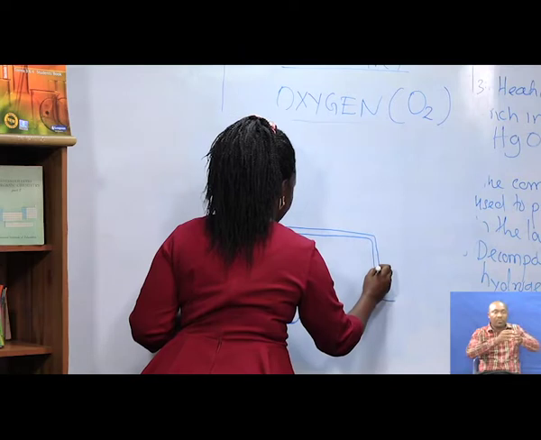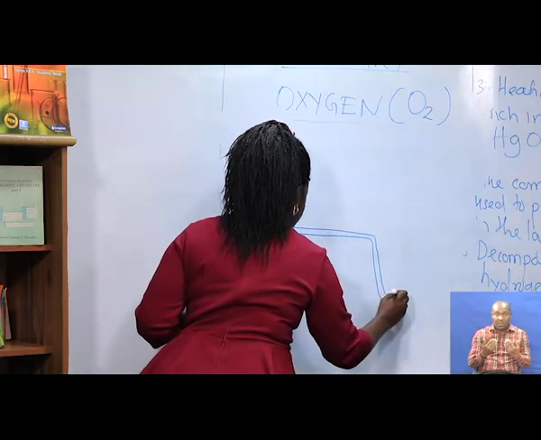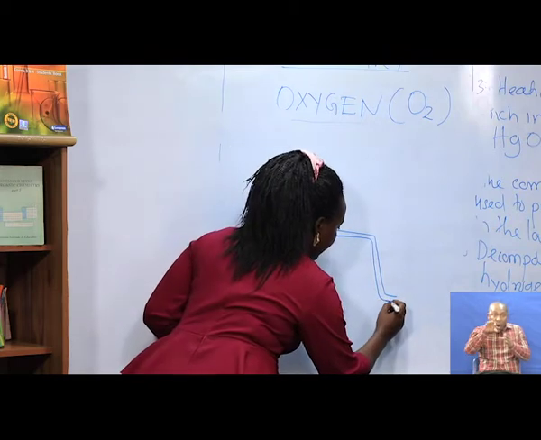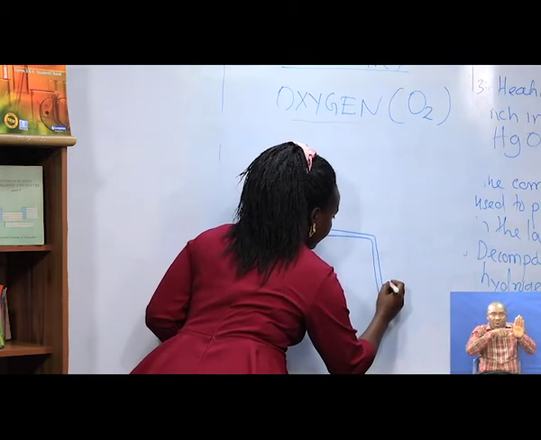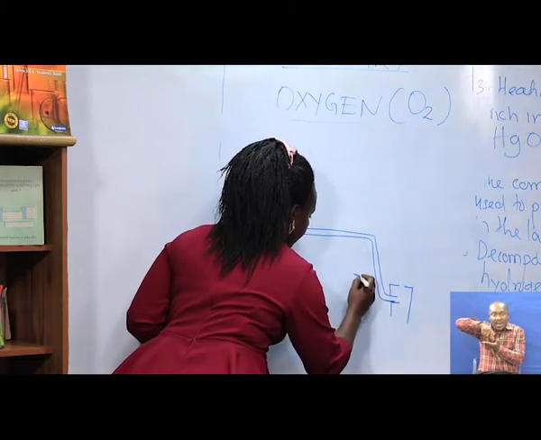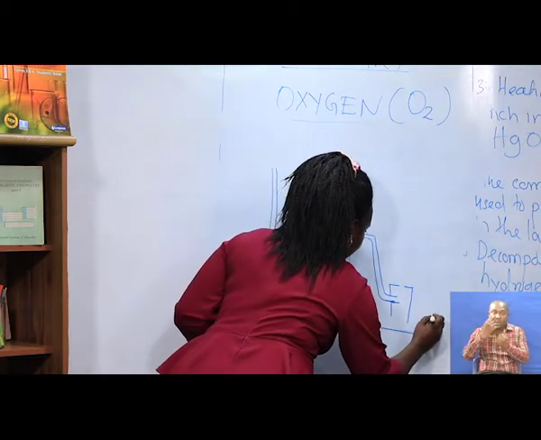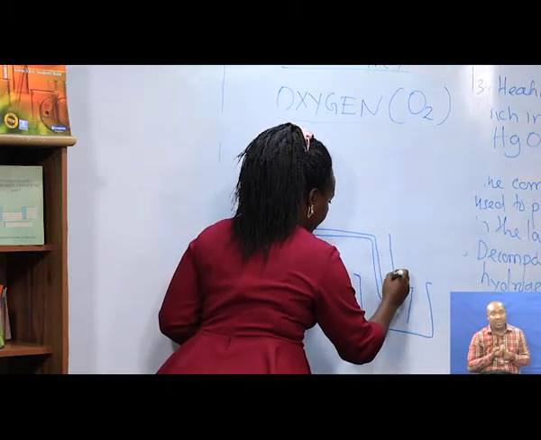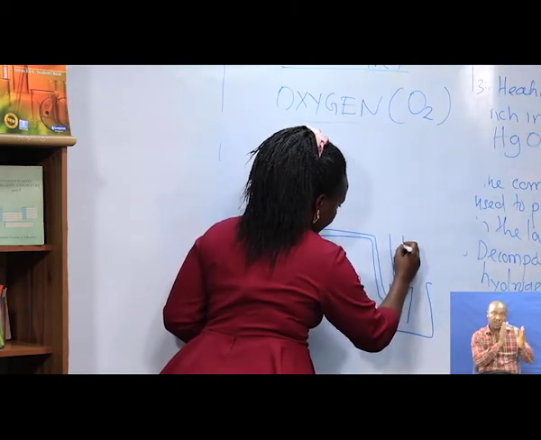So when you are drawing your diagram, make sure you use all the measuring tools required, like a ruler and a coin, so that you can get a good diagram. I'm just elaborating a simple diagram. This is for preparation of oxygen.